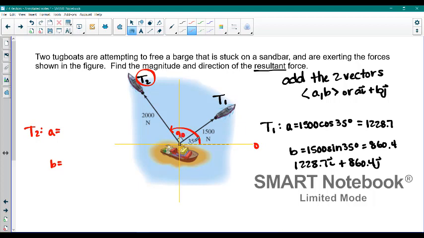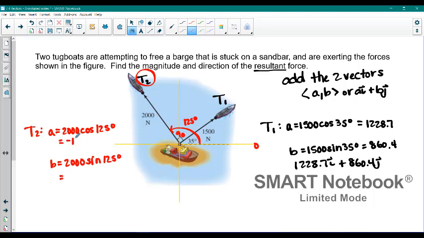Then I have another 35, so the whole angle is going to be 125 degrees. So for A, it'll be magnitude times the cosine of the angle, and for B, the vertical component, 2000 times the sine of the angle.